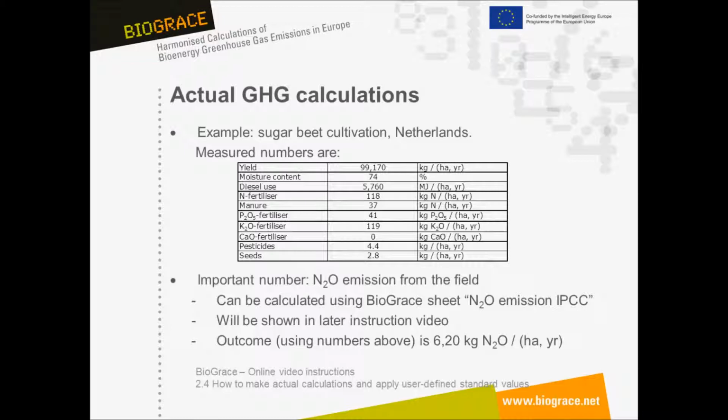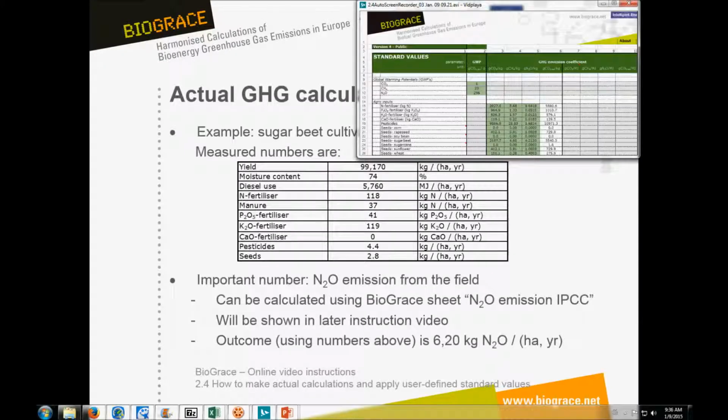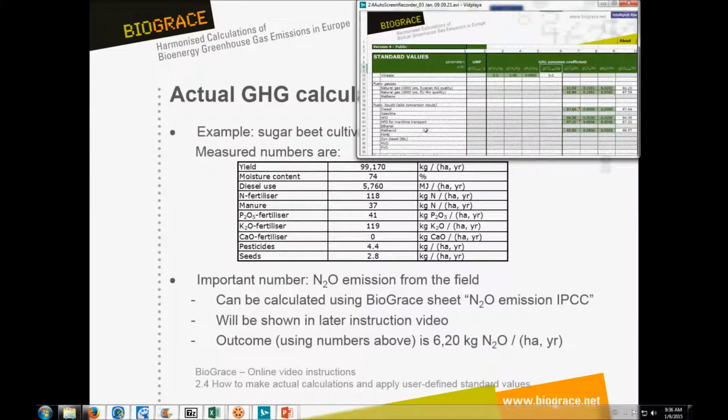Another important aspect is that the units of the numbers should be the same. I will check the units that we collected versus the units in the BioGrace sheet, which I open here as a small box so that we can see both at the same time. The yield of sugar beet is in kilogram per hectare per year. This is fine in both lists. The diesel is in megajoule per hectare per year.